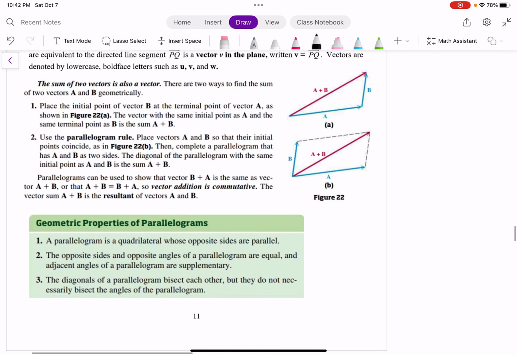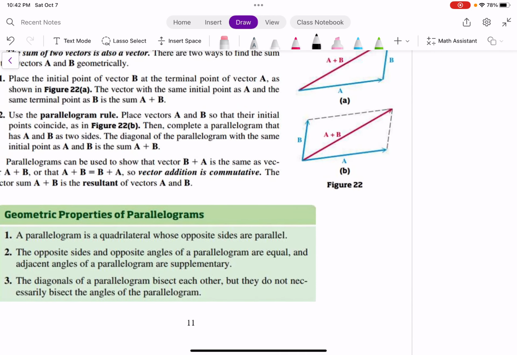How to find the sum of two vectors? We have two methods to describe the sum of two vectors. For example, I have two vectors, A and B. I can move them anywhere parallelly.